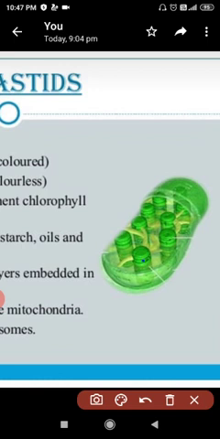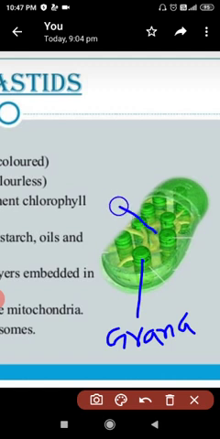This disc is called grana. Grana. Okay, and the matrix which is present in between is called stroma.